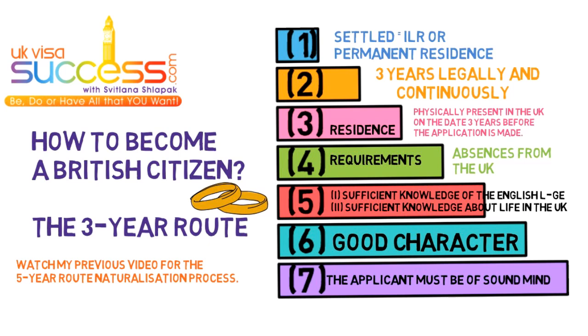And this is it, all 7 requirements. I promised you that it would be an overview, and I imagine that it's probably a pretty overwhelming one, isn't it? British citizenship is probably one of the most complex areas of UK immigration law. To make it easier for you, I decided to create a special training clearly explaining all key elements of the 3-year route and naturalization process.